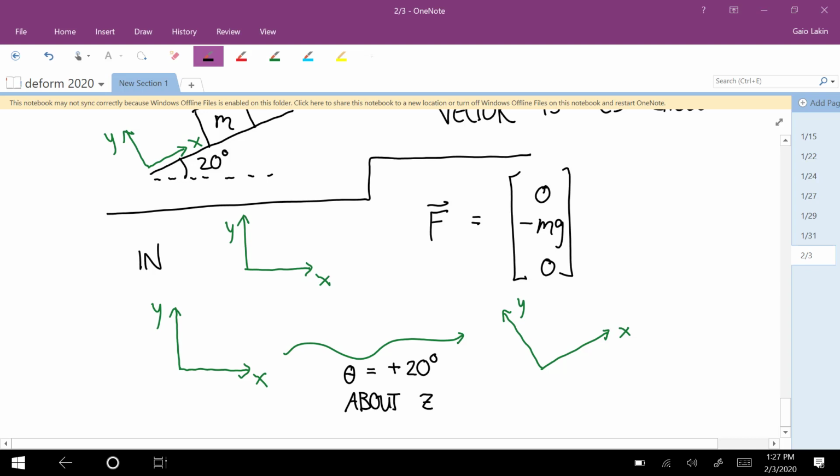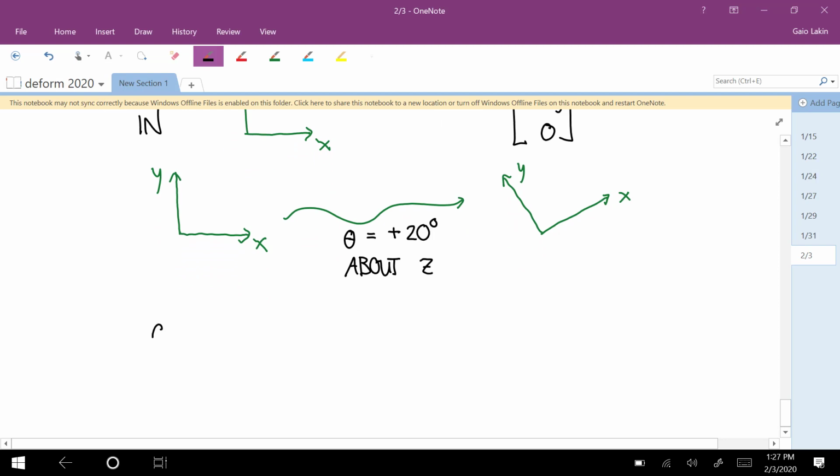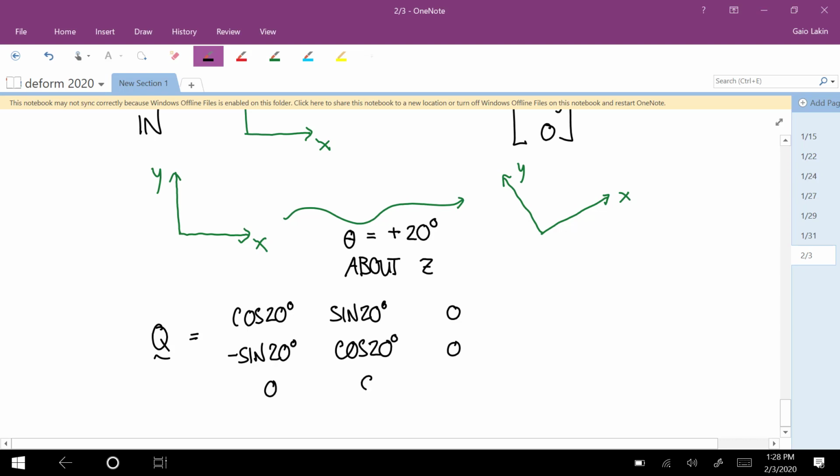Whether it's positive or negative comes from the right-hand rule. Okay, so since we're rotating this way, that's a positive z angle. And so the rotation matrix is cosine of 20, sine of 20, 0, negative sine of 20, cosine of 20, 0, 0, 0, 1.